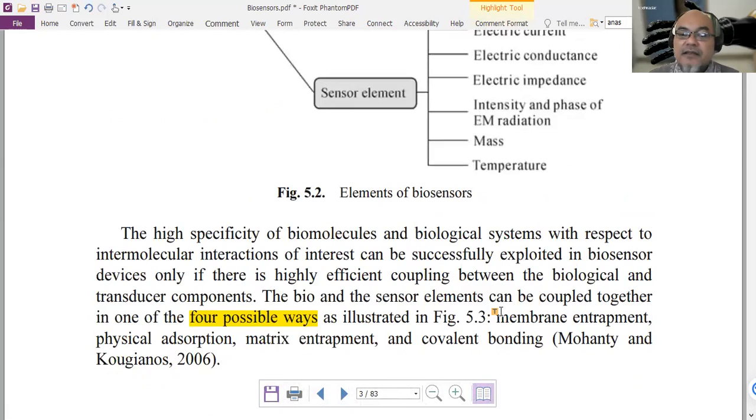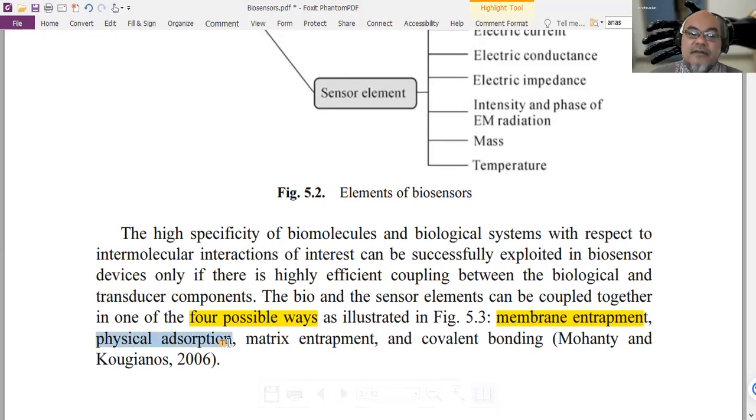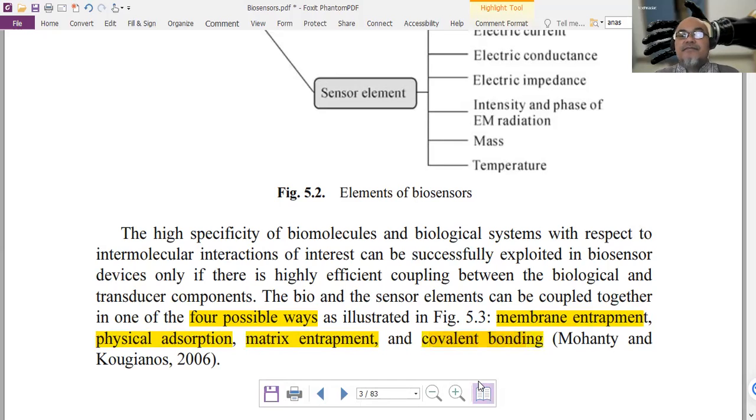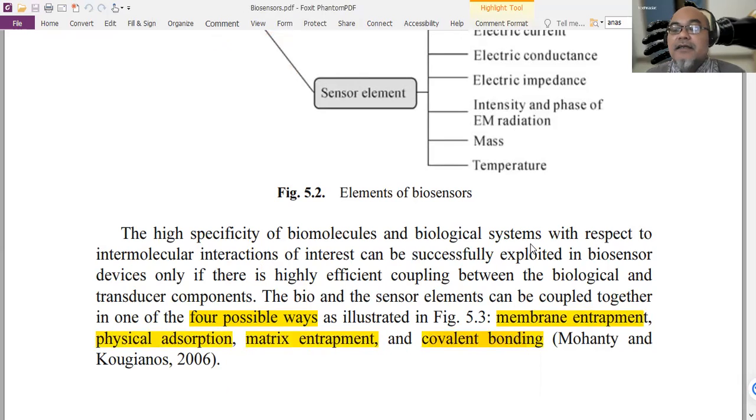They are membrane entrapment, physical adsorption, then matrix entrapment, and then covalent bonding. Okay, covalent bonding. Okay, so let's pause here. We will continue the discussion about the different immobilization schemes to attach the biomolecules in the vicinity of the physical transducer.